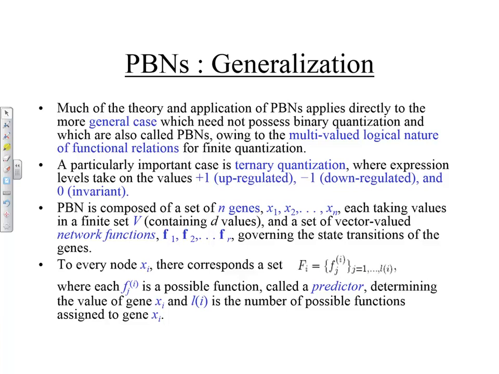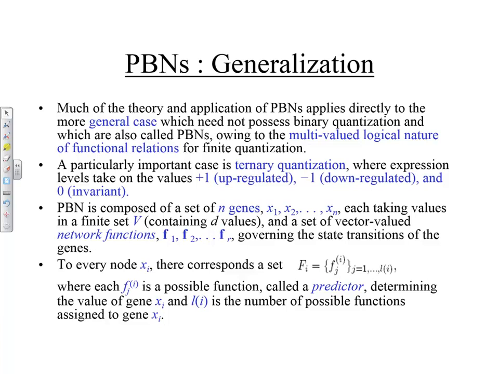That's ternary. We would still call them probabilistic Boolean networks, and the same kind of theory carries over even when you have multi-valued logic. A particularly important case is ternary quantization, where expression levels take on the values +1 for upregulated, -1 for downregulated, and 0 for invariant. Now, this is a mathematical definition of a PBN.